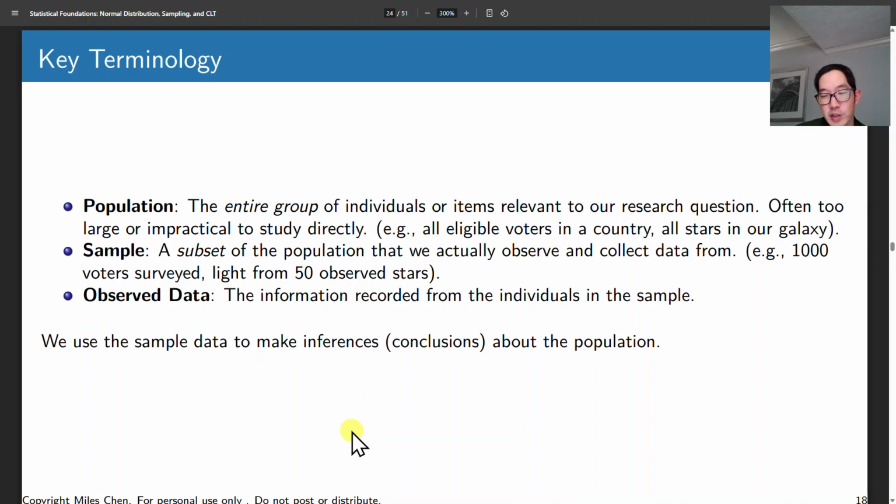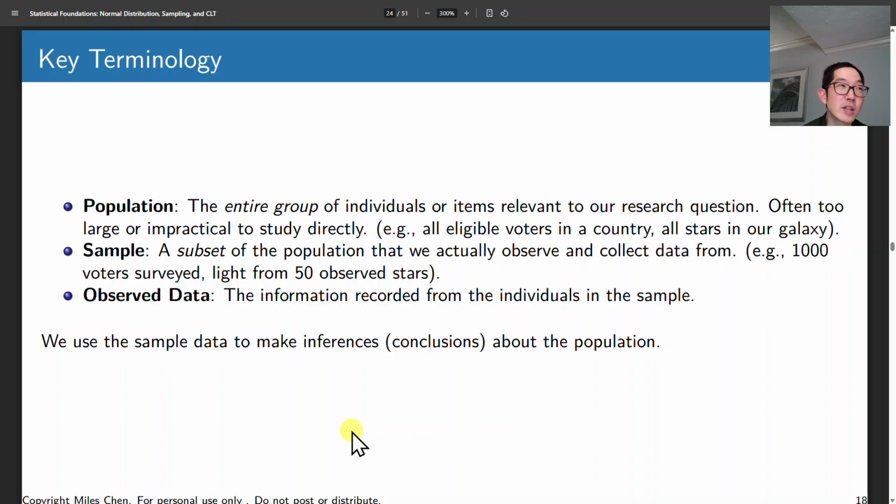So maybe we survey 1,000 voters, hopefully representative of the population, or we select 50 stars and we observe those. And that's going to form our observed data. Whatever information we record from the selected sample, that's our observed data.